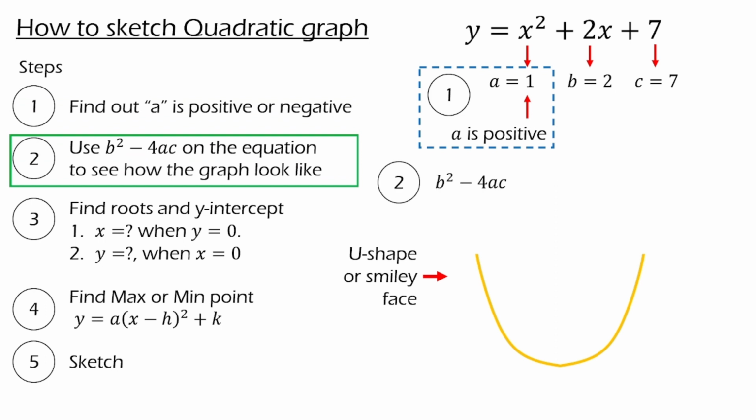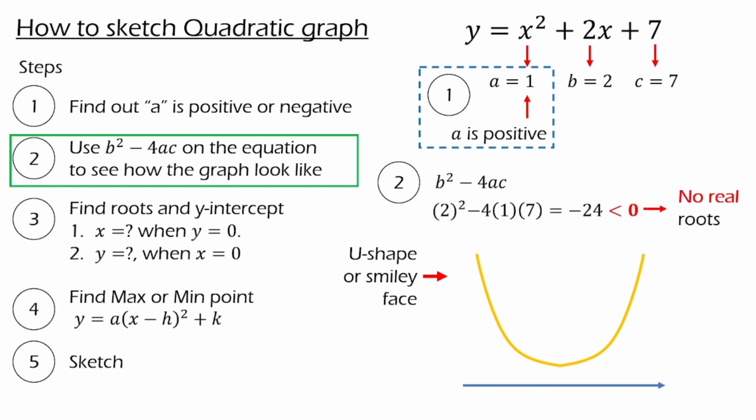Continue to the second step, we substitute A, B and C inside b squared minus 4ac, and we have negative 24. As you can see, negative 24 is less than 0, and therefore we do not have any real roots, which means our curve will not intersect the x-axis at all.